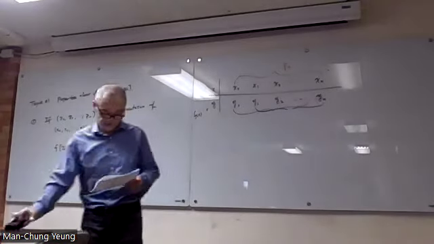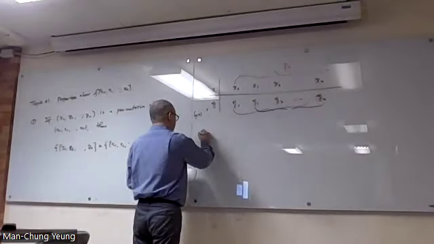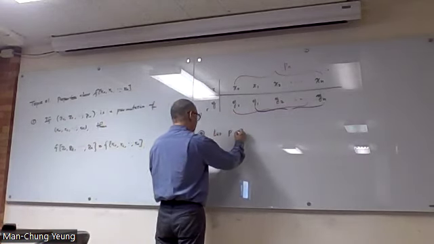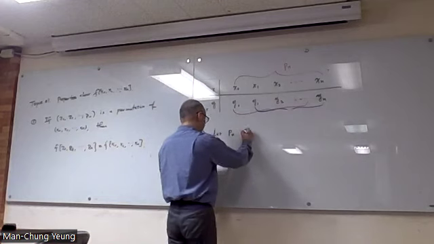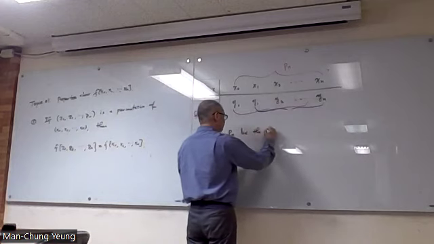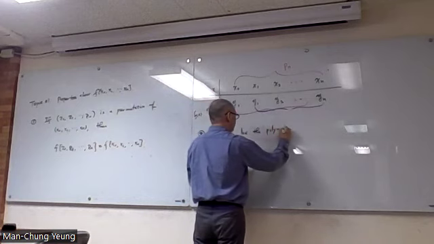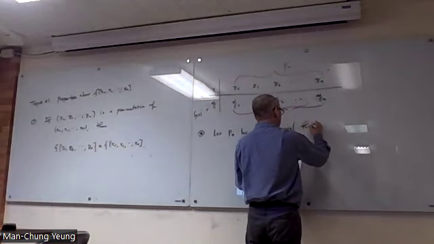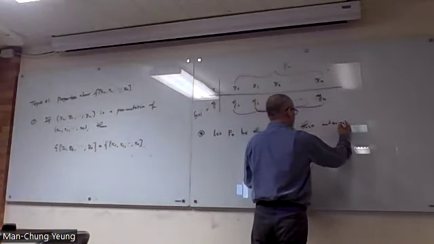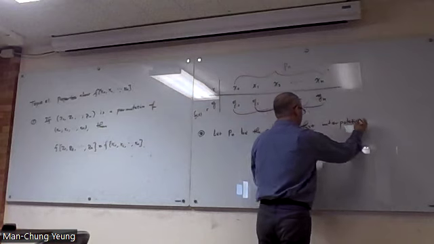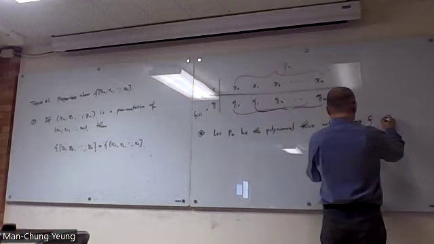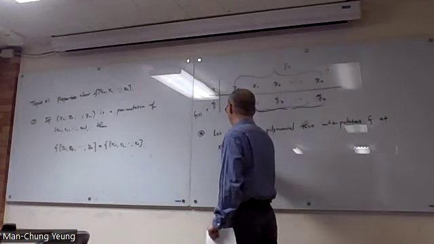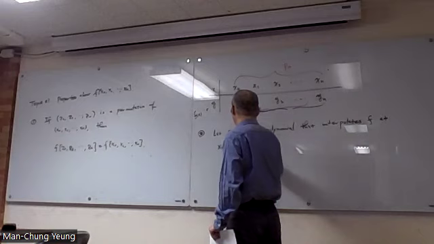Property number 2. Let Pn be the polynomial that interpolates function f at x0, x1, ..., xn.